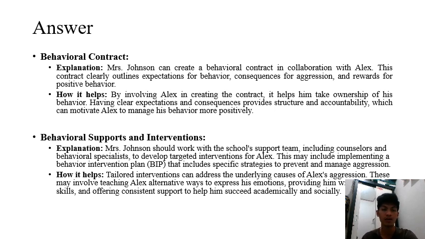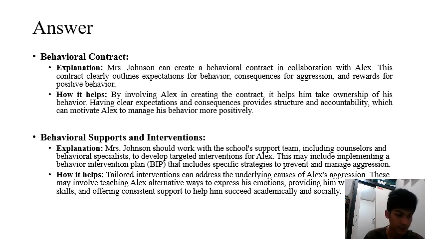Two is behavioral supports and interventions. Mrs. Johnson should work with the school's support system, including counselors and behavioral specialists, to develop targeted interventions for Alex. This may include implementing a behavior intervention plan, or BIP, that includes specific strategies to prevent and manage aggression.